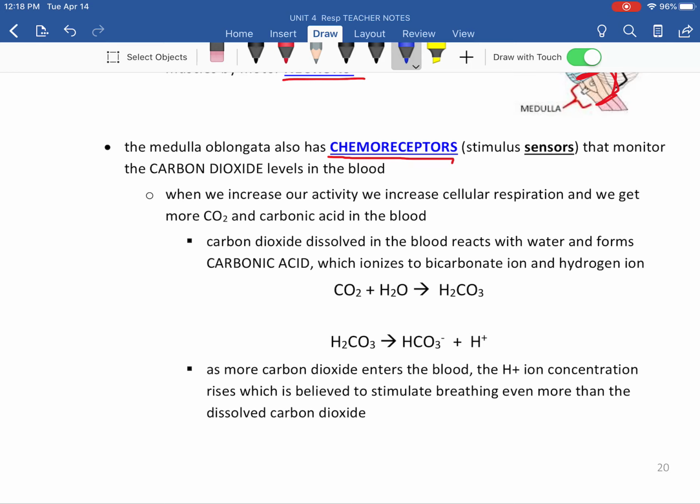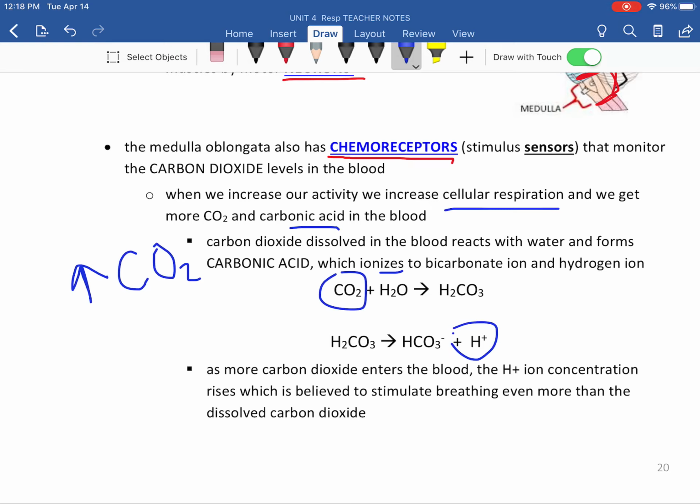So we know that if our activity increases and our cellular respiration is increasing, we are getting a buildup of carbon dioxide. Now in our body, carbon dioxide will actually create carbonic acid, and that carbonic acid is going to ionize and leave this hydrogen ion.